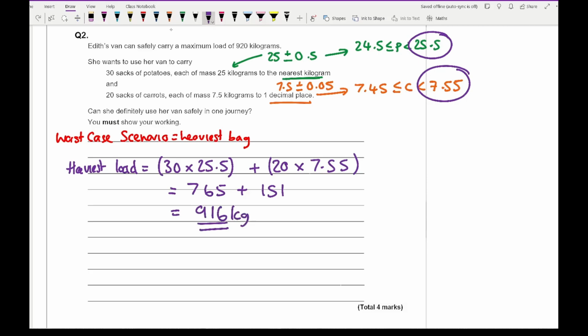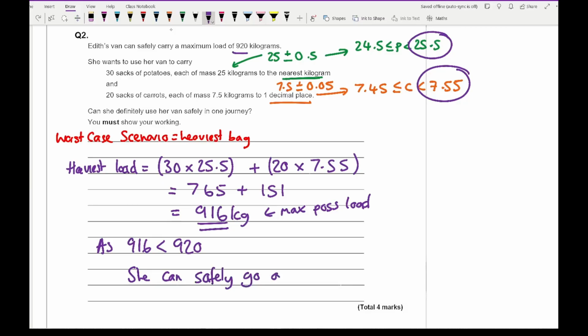So that's the maximum possible load. Is this less than 920? Yes.